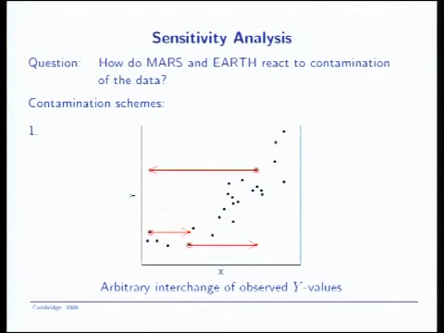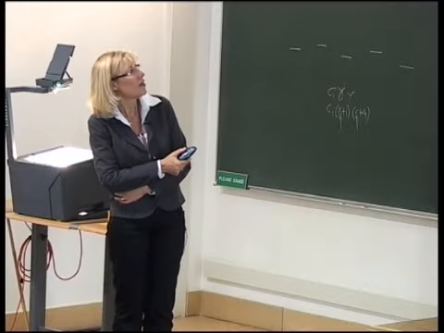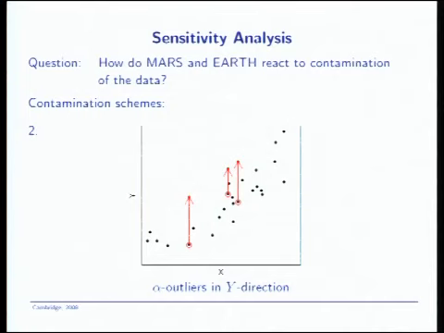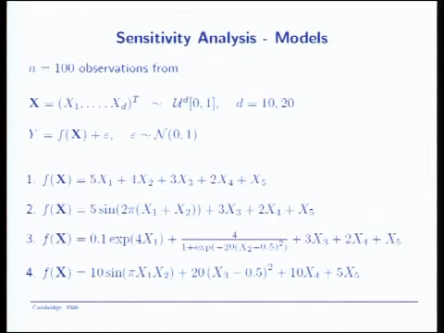And you might not like this one. One contamination had been just to interchange the observed Y values for certain X observations. We also looked at outliers in the Y direction, and we then studied a couple of functions which in the MARS context are the usual suspects. They also have been tried out in Friedman's paper, and so these are the functions which we looked at.